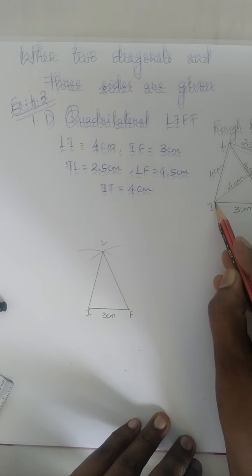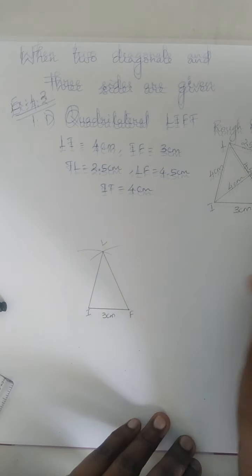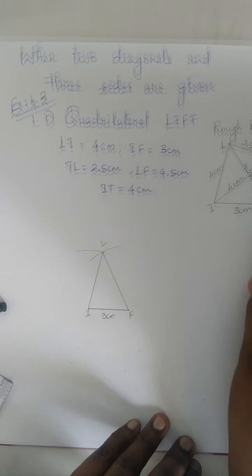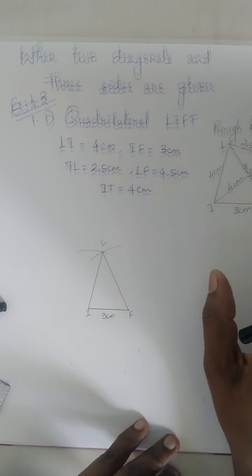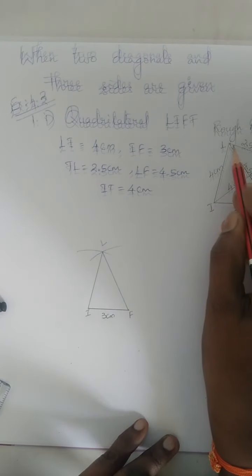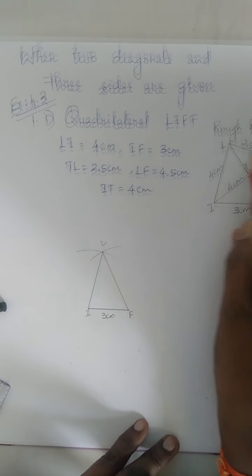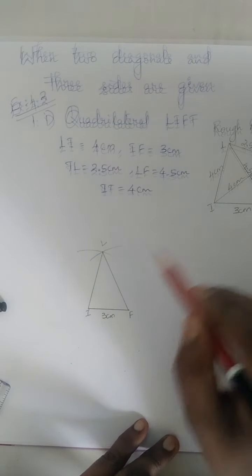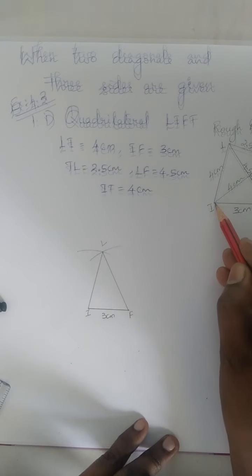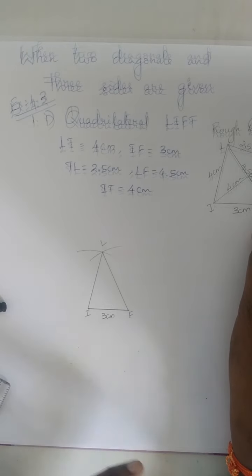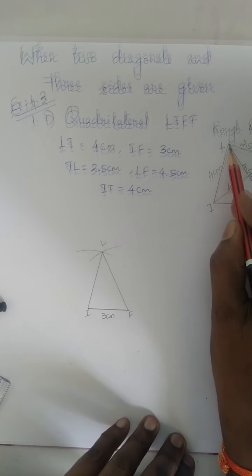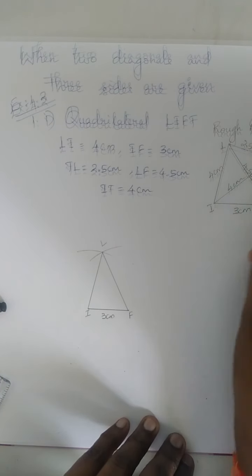Then from where again you are getting? From I only, not from F. Because to get the vertex from F, are you having any measures? No. So from F you are not going to make arc. You can see very well the rough diagram. To get the vertex T, you need two arcs, one from L and another from I.